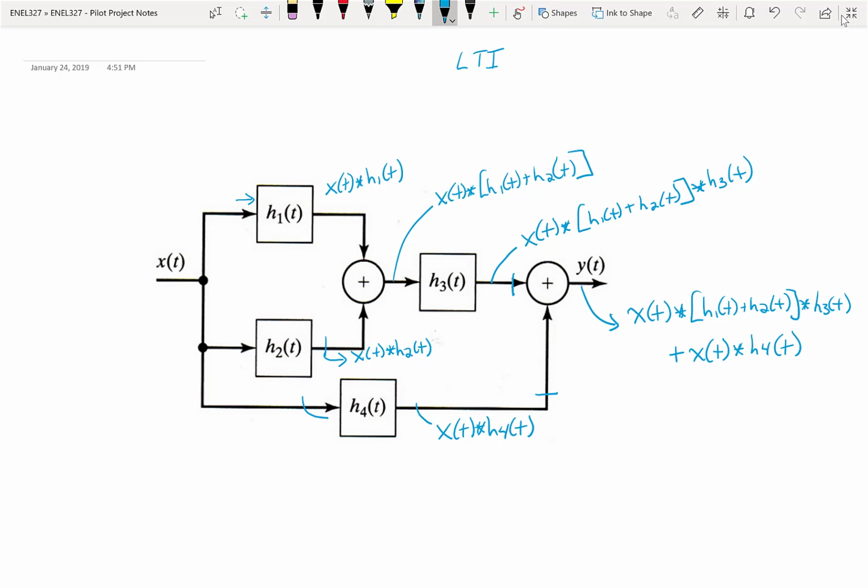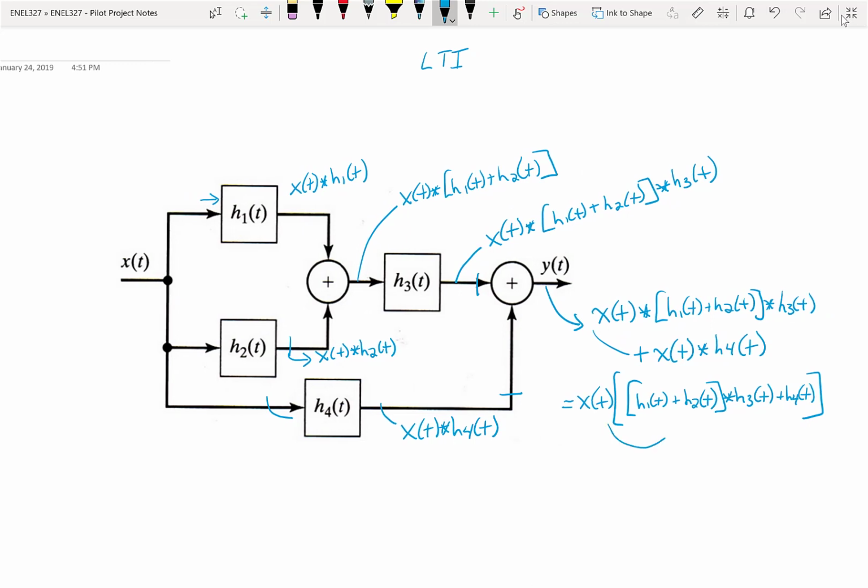Now what I want to do is take that whole thing and factor out the x of t, and there we go.